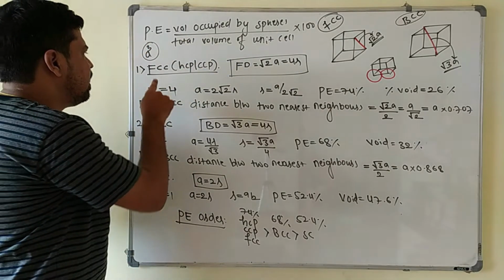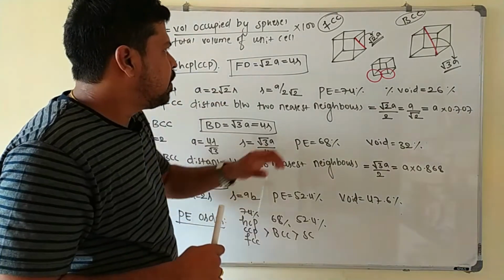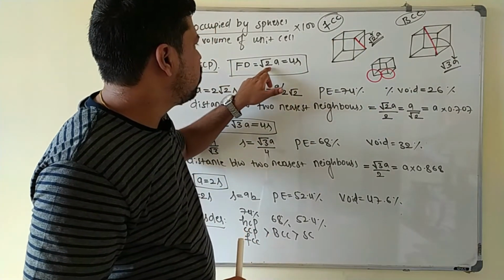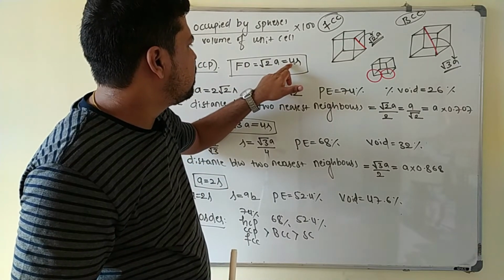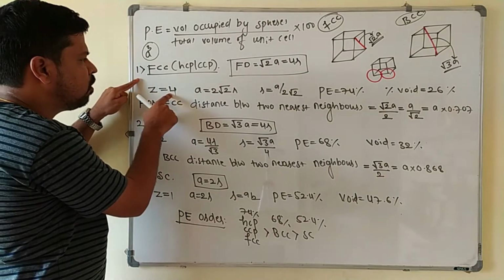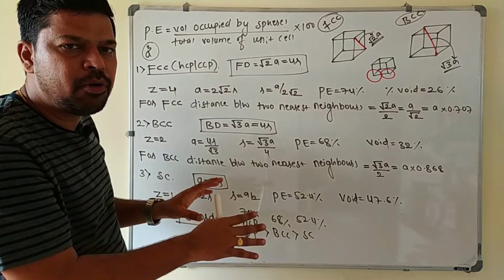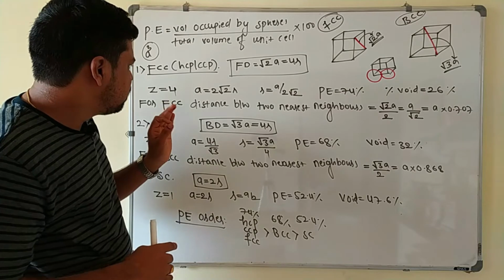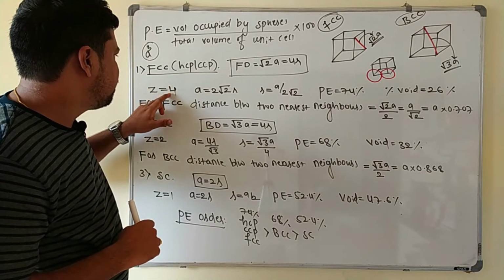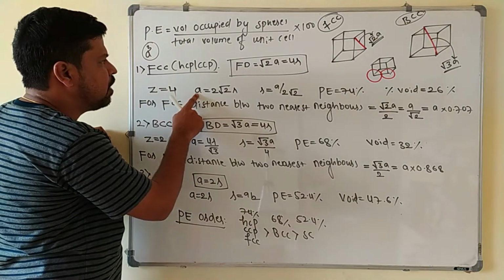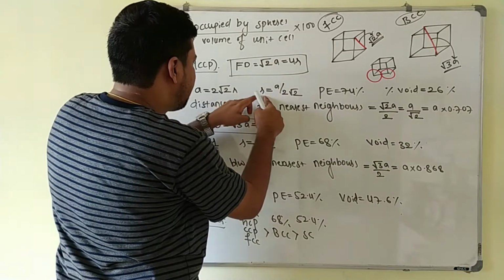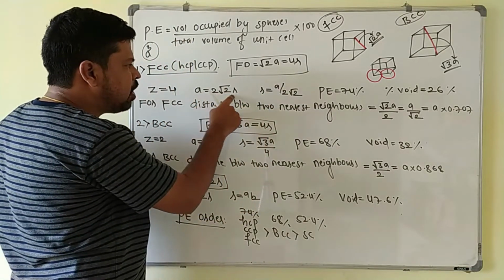In FCC the spheres are in touch along the face diagonal, so the face diagonal root 2 a is equal to 4r. For FCC, the Z value is equal to 4. These formulas are very important from the entrance exam point of view, as they will ask problems on these formulas only. Z is equal to 4 for FCC, and the edge length a is equal to 2 root 2 r. Next, r is equal to, rearranging this, a by 2 root 2.